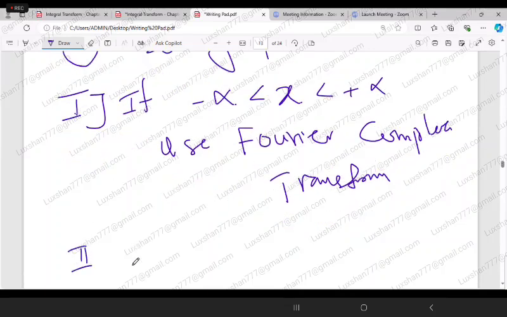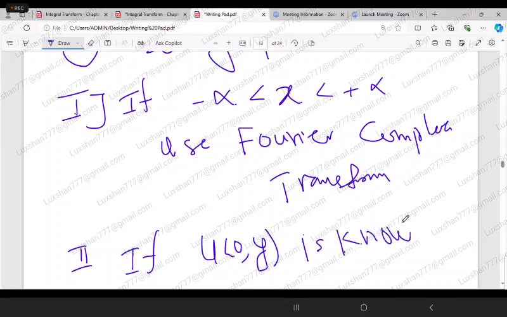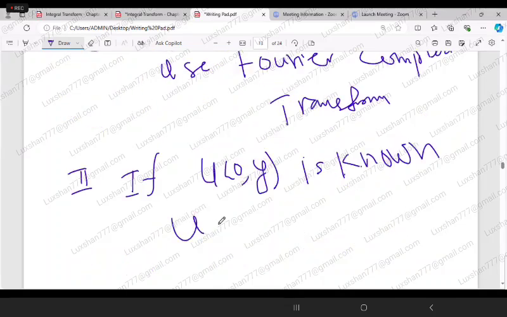Second situation, if u(0, y) is known, use Fourier sine transform, because if you remember in Fourier sine transform actually we have this term, that is why we are using the Fourier sine transform if we get this one.